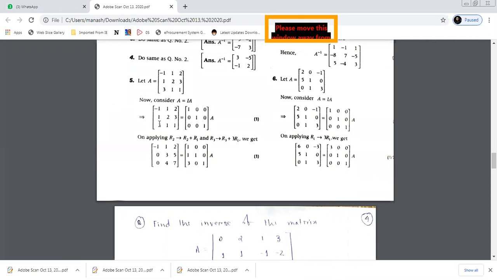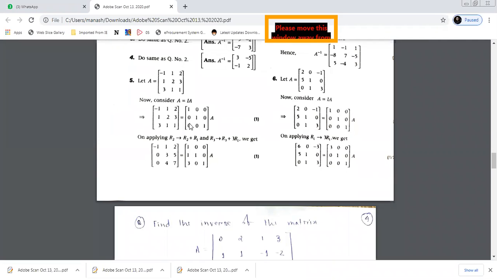So 3 plus 3 into -1, that means 3 minus 3 equals 0. Next, 1 plus 3 into 1, 1 plus 3 is equal to 4. Again, 1 plus 3 twos are 6, so 1 plus 6 becomes 7. Clear? Same operation you have to do here also.